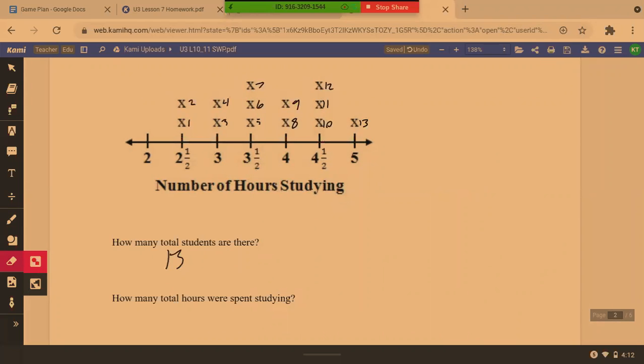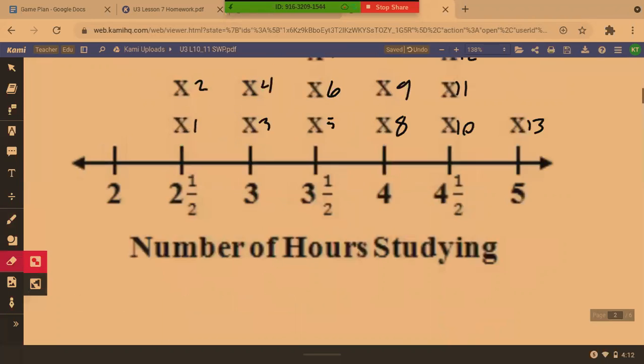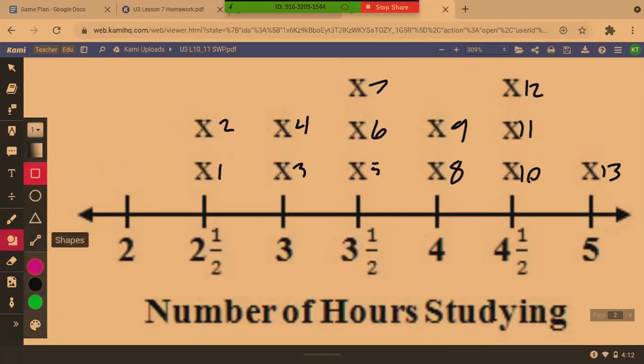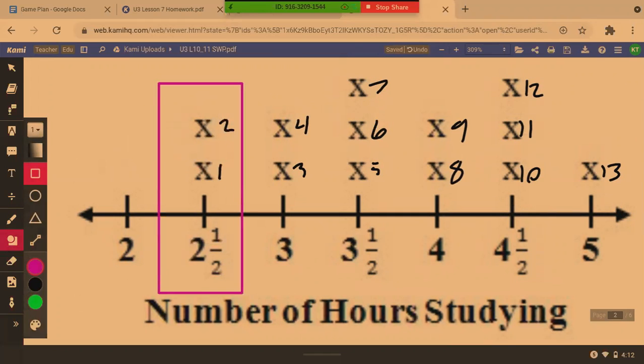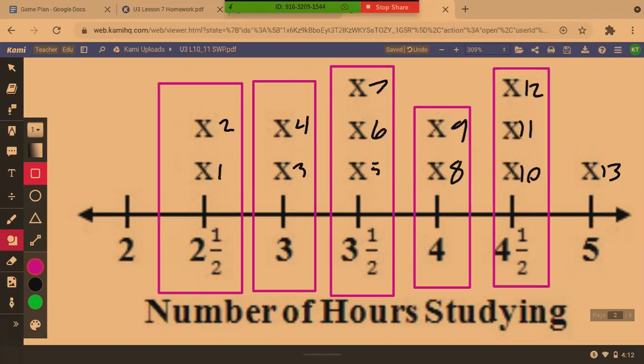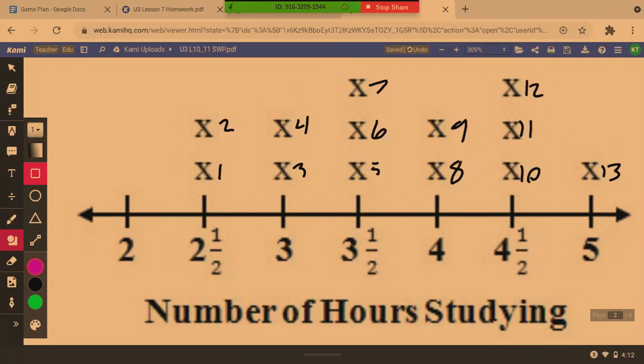So we need to find, this is our game plan. We are going to find the amount in each category and then add them all up. So we're going to find out how many hours are in each category and then add them up at the end.